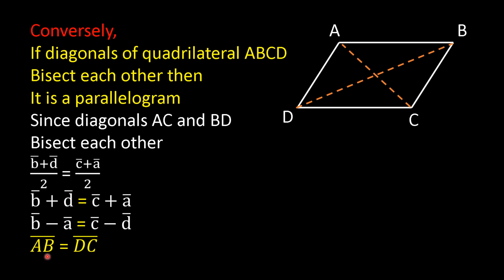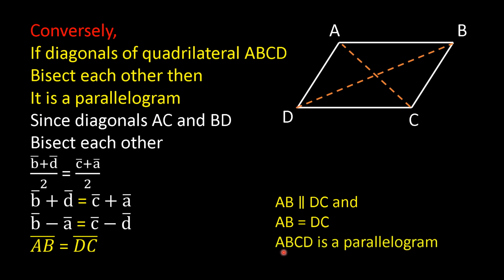Since vectors AB bar equals DC bar, we can say that side AB is parallel to side DC and side AB equals side DC, which proves that ABCD is a parallelogram.